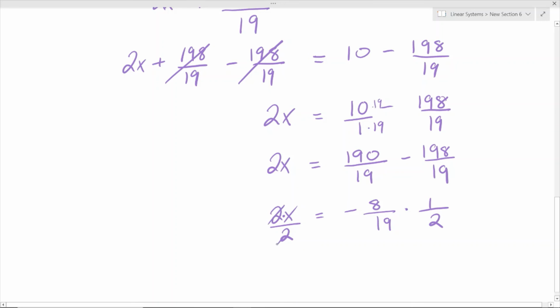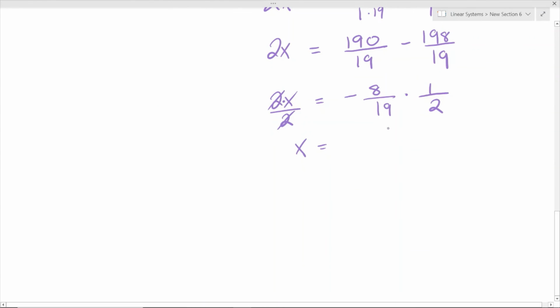And this 2 is going to cancel, and then this x is going to be equal to negative 8 over 19 times a half, and that's basically here. I'm going to copy this here, and I'm going to realize that I can simplify this, right? 8 and 2, they're both even numbers, so I'm going to divide the top and bottom by 2 to simplify it. And 8 divided by 2 is going to give me 4.